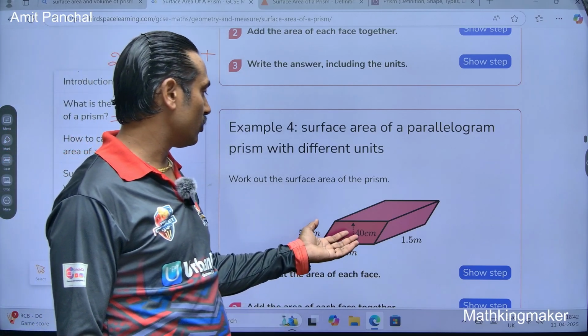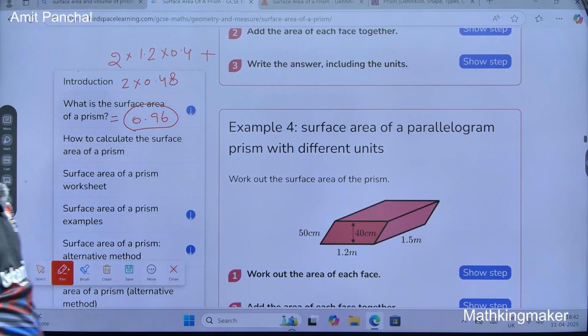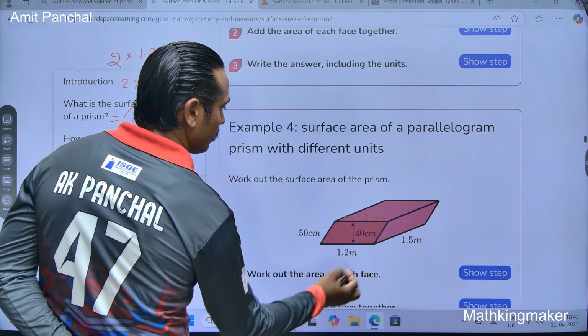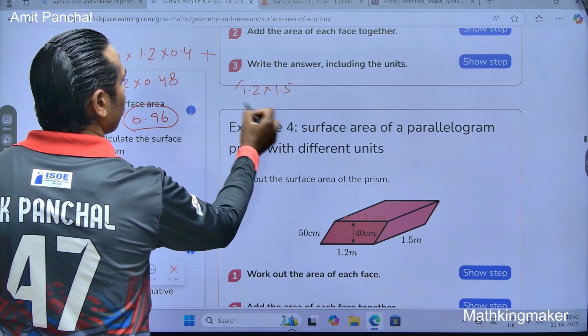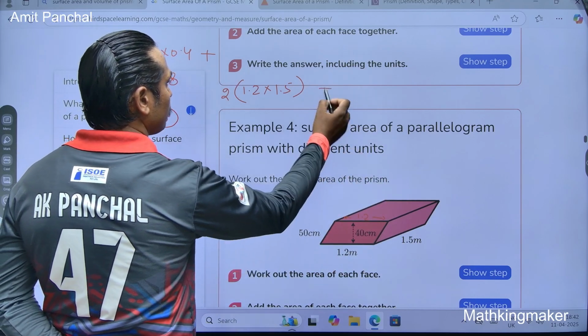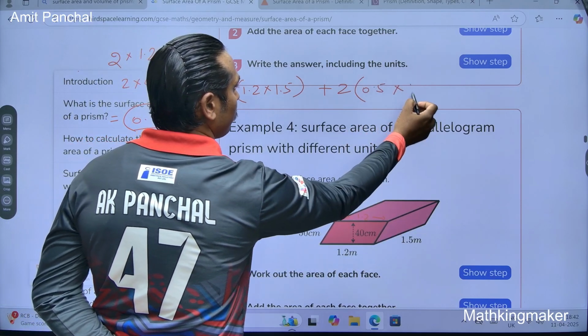Now other than your base, these are rectangles. So what will be the area of these rectangles? 2 times 1.2 times 1.5. This side is 1.2, so it is 1.2 times 1.5 multiplied by 2, and this one is plus twice of 0.5 into 1.5.